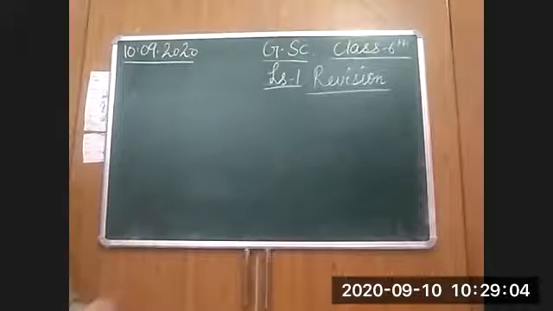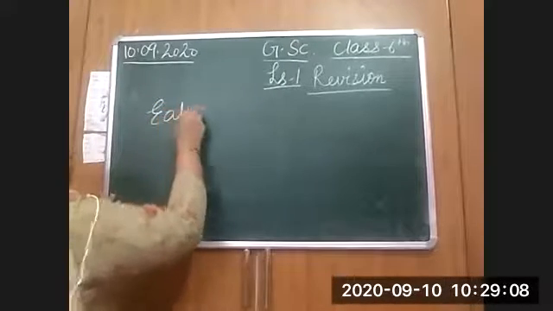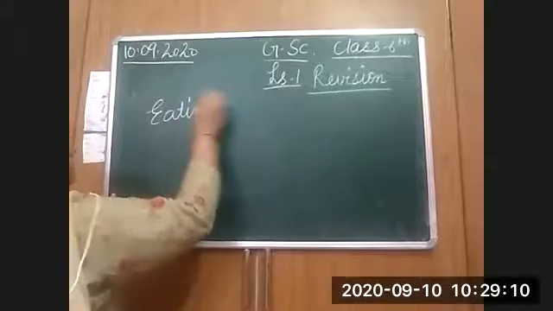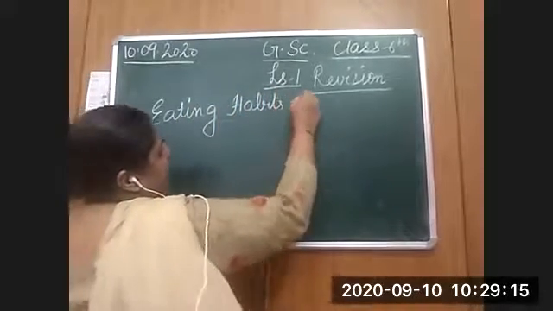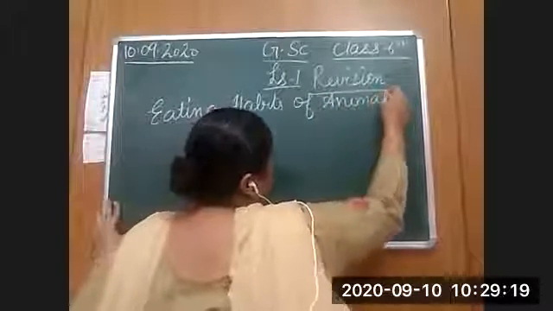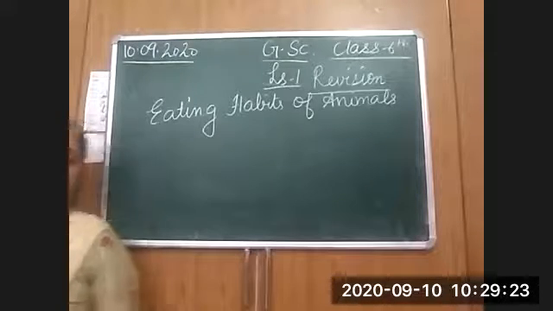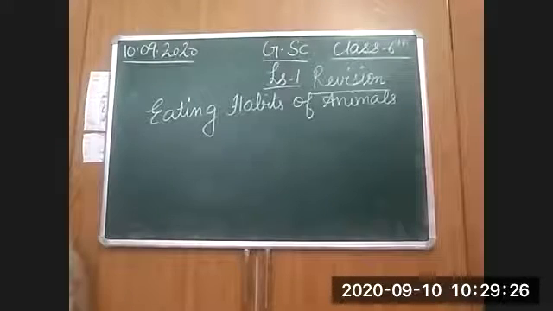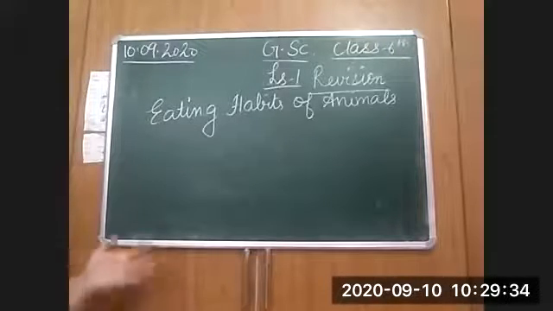Today we are going to do the eating habits of animals. Students, different animals eat different types of food. The food of all the animals is not the same. Different animals eat different types of food, right?